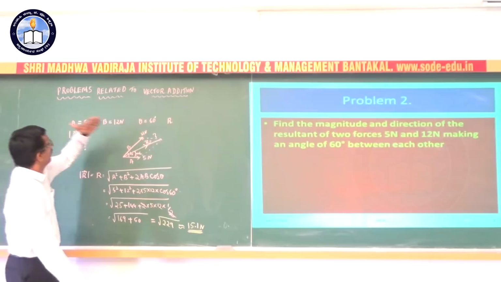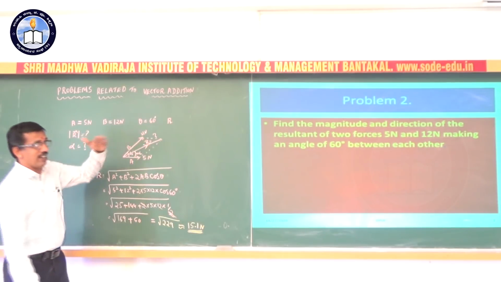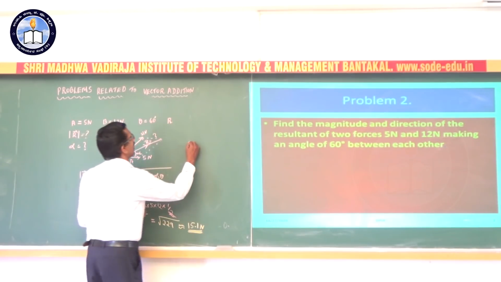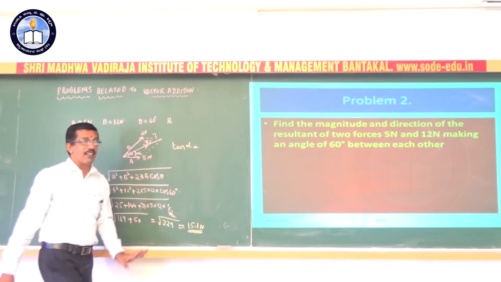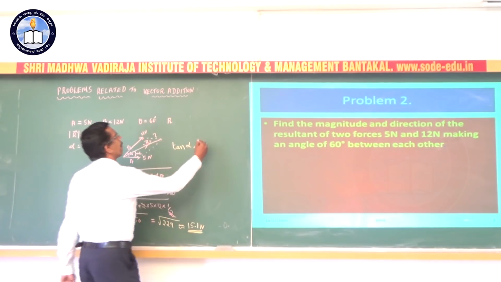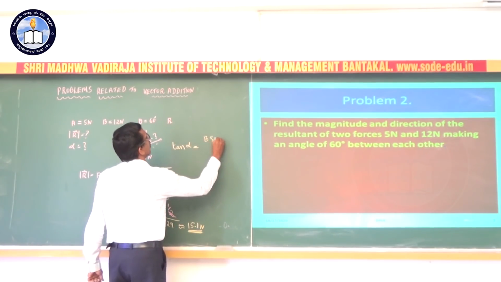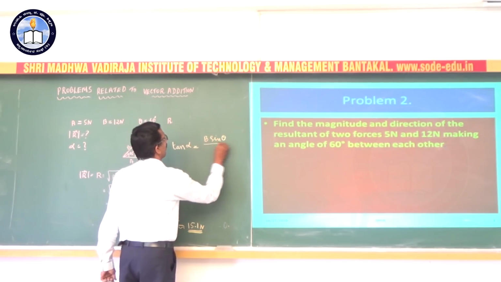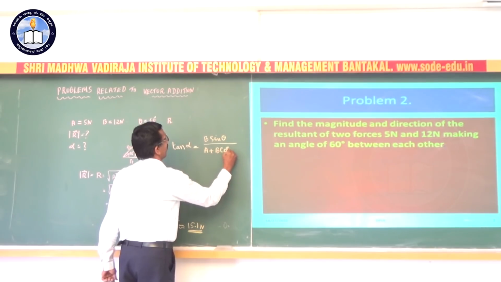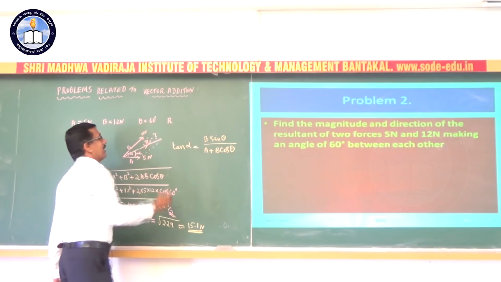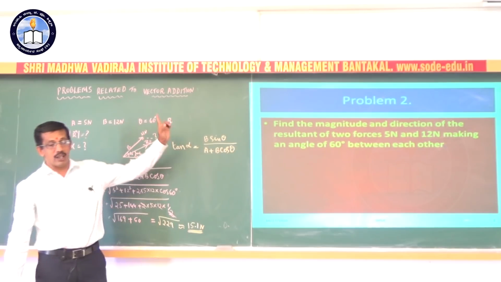How to find the direction of the resultant? The direction of resultant is given by tan alpha. We studied the formula. Tan alpha is nothing but b sin theta divided by a plus b cos theta. Once again I repeat, b sin theta divided by a plus b cos theta.